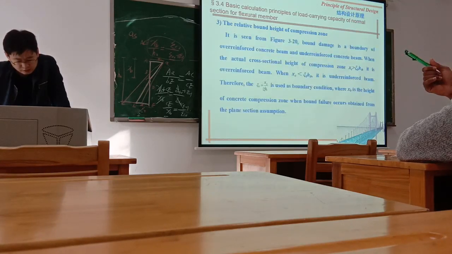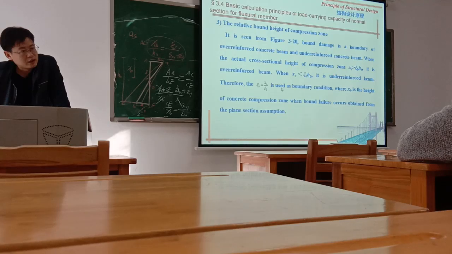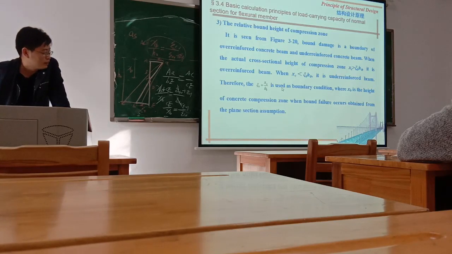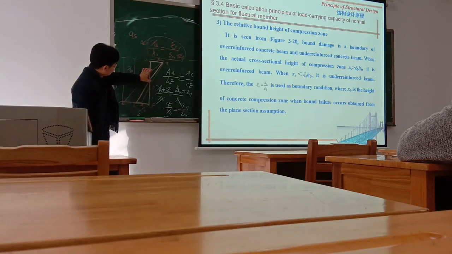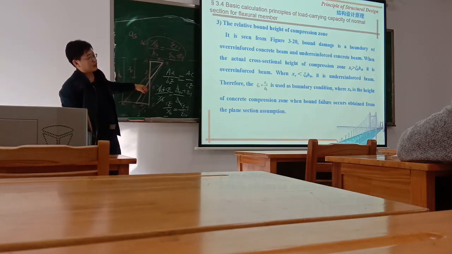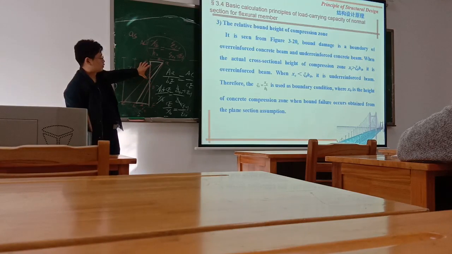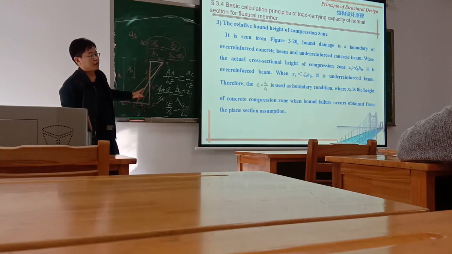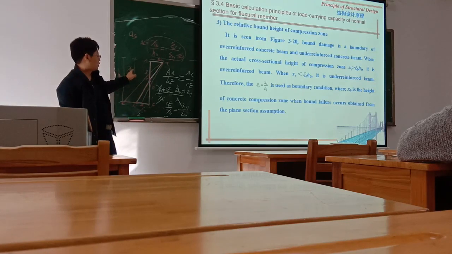But actually, xb and xc are not the same. xc represents the real compression height of the concrete, and xb is the boundary compression height. So for AB or AC we can use xc, but normally we use xb because this is the boundary condition. And B normally is the boundary.